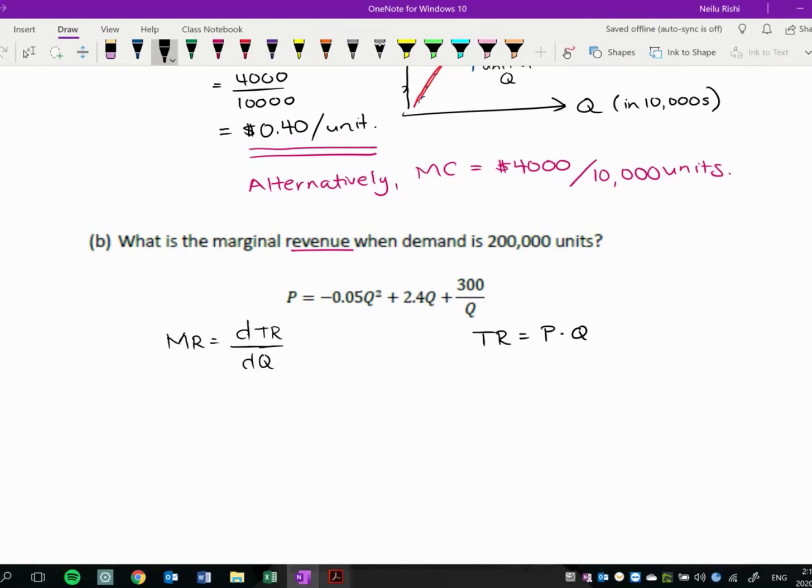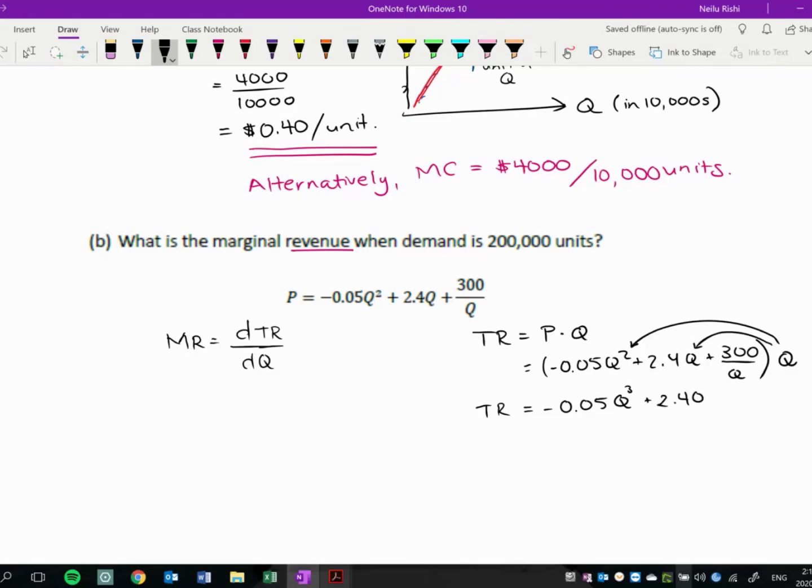So in this case, I have price of negative 0.05 Q squared plus 2.4 Q plus 300 over Q, all times Q. So my total revenue becomes negative 0.05 times Q cubed plus 2.4 times Q squared plus 300.